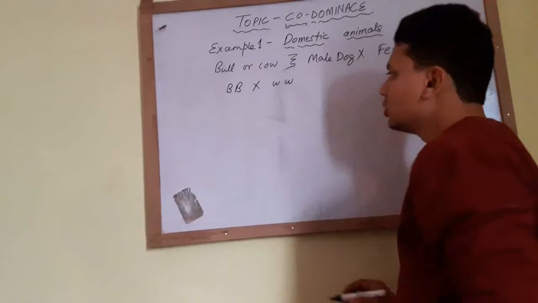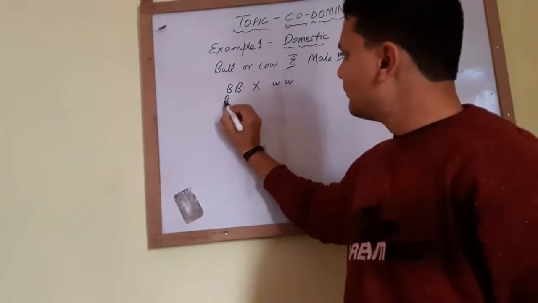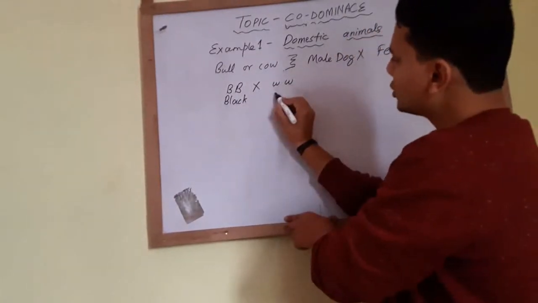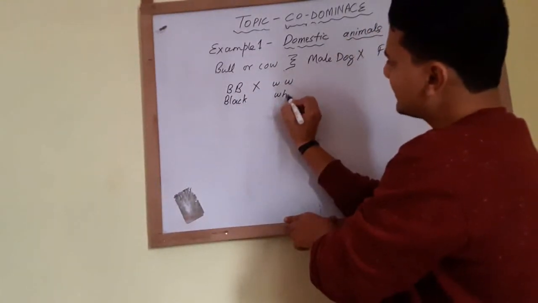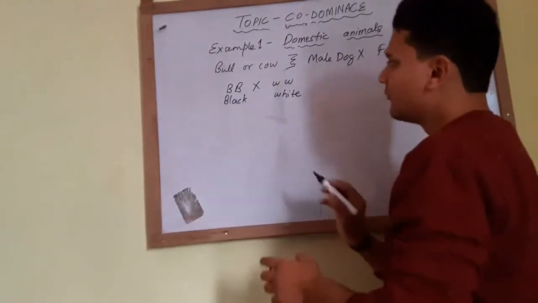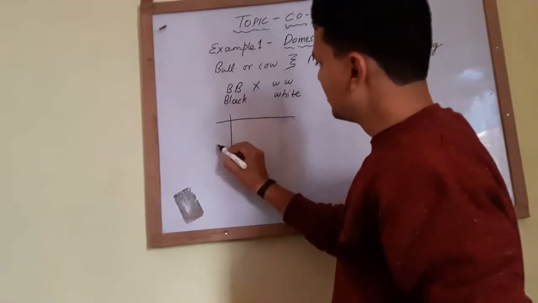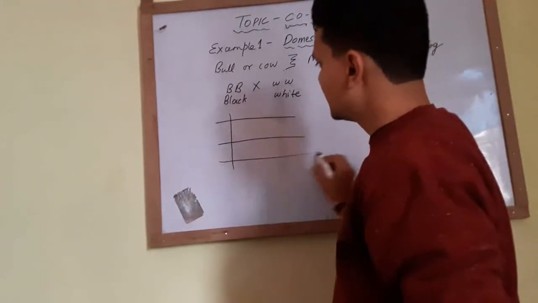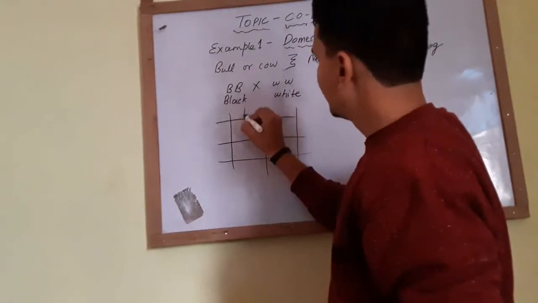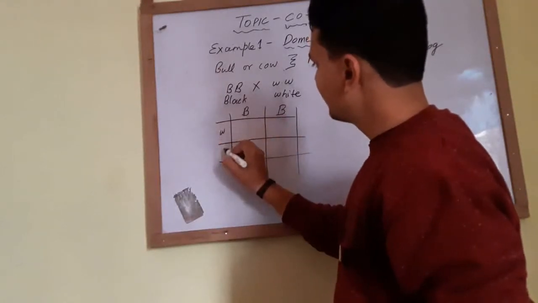So a pure dominant black color bull is being crossed with a pure recessive white color cow. What will happen when we draw the Punnett square in the F1 generation? What we will see is black, black, white, white.